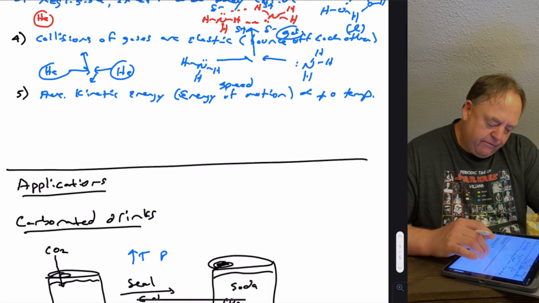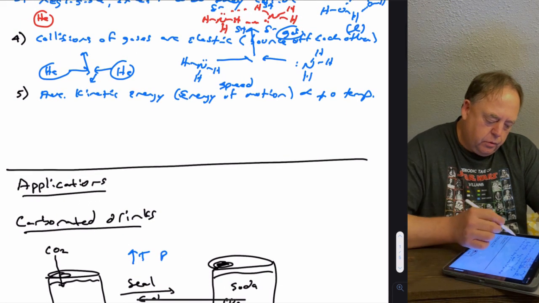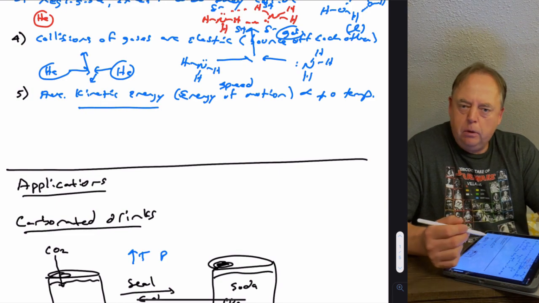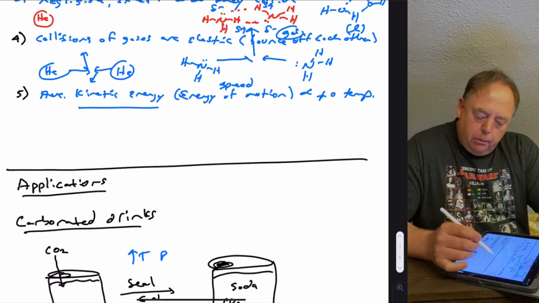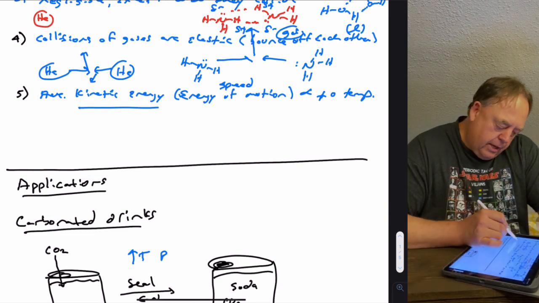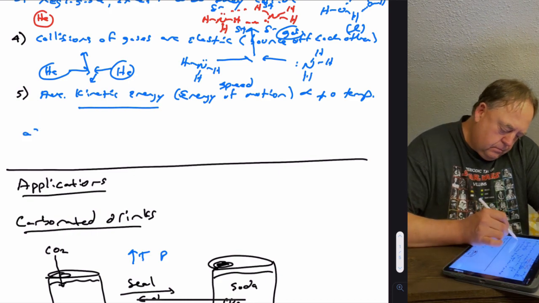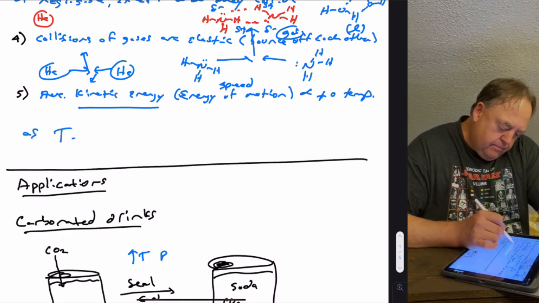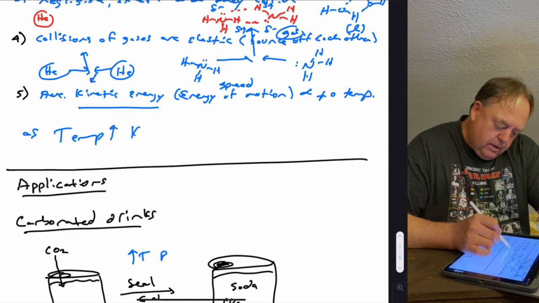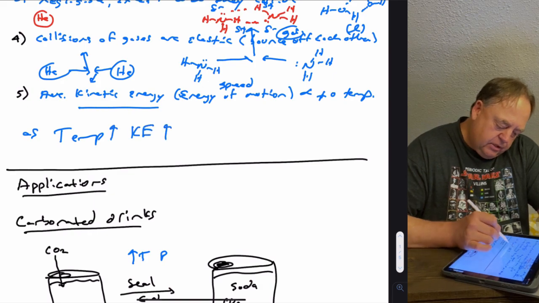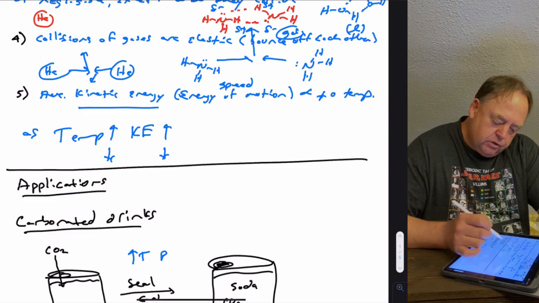And then lastly, the average kinetic energy. If you know what kinetic energy is, it's basically the energy of motion, and it is proportional to temperature. As temperature goes up, kinetic energy of the gas goes up, or as temperature goes down, kinetic energy goes down.